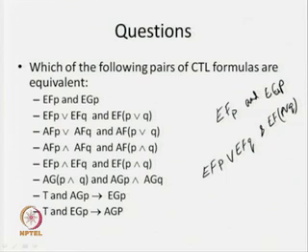And whether this is equivalent to there exists a path in the future where P or Q holds or not. We know that if P is true, then P or Q is always true, because if P is true, then P or Q is always true. If P is false, then it depends on Q. If both are false, it is going to give me false. If any one is true, then it is going to give me true.